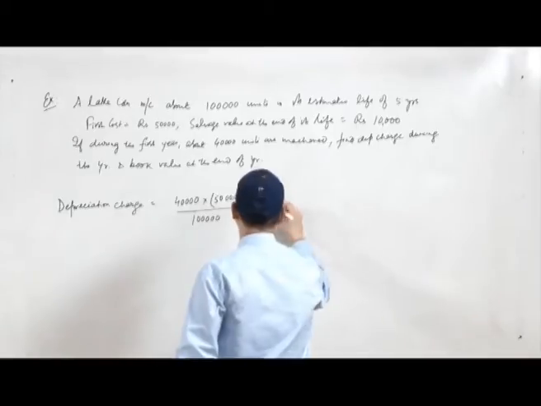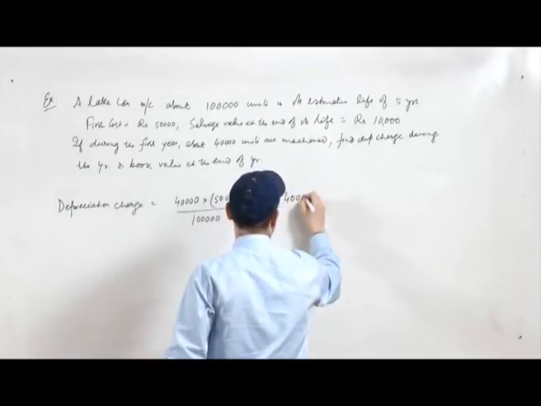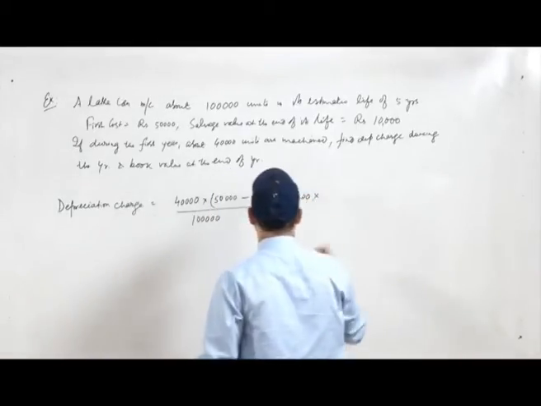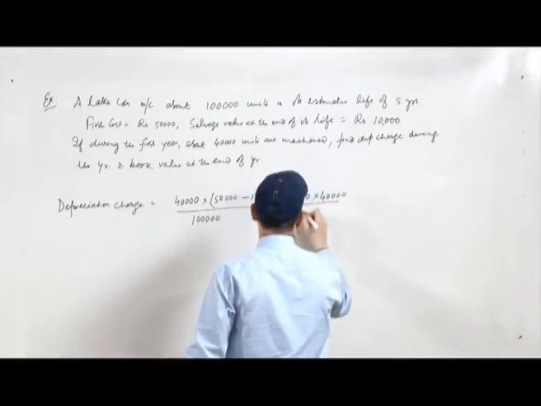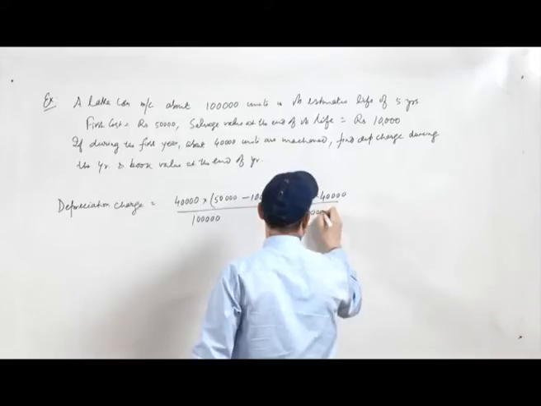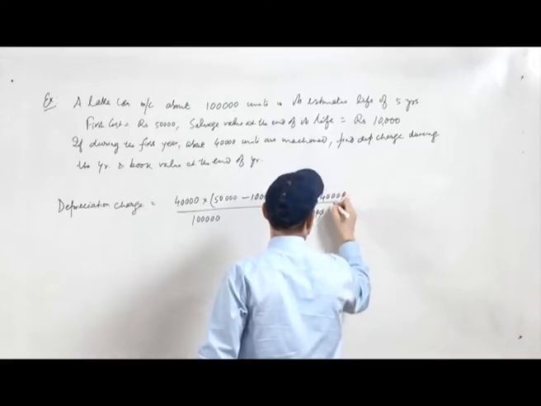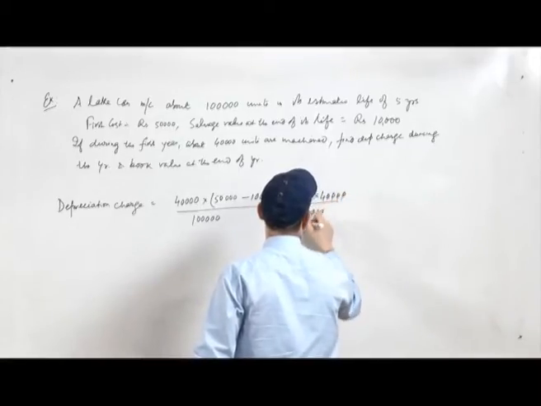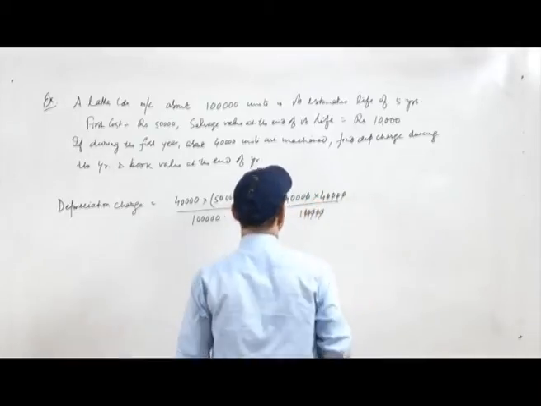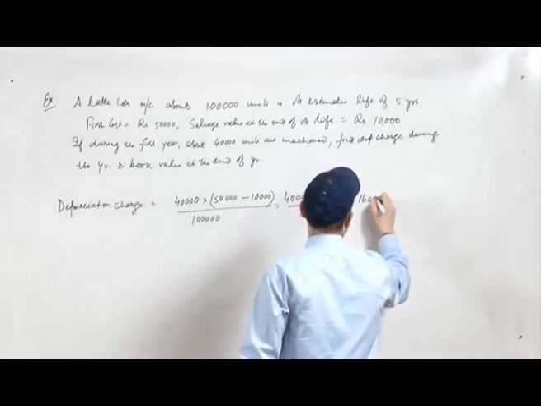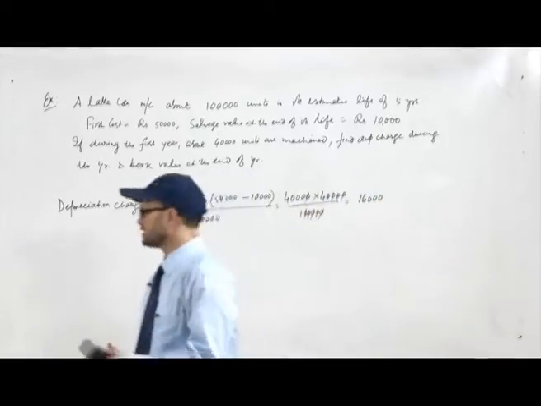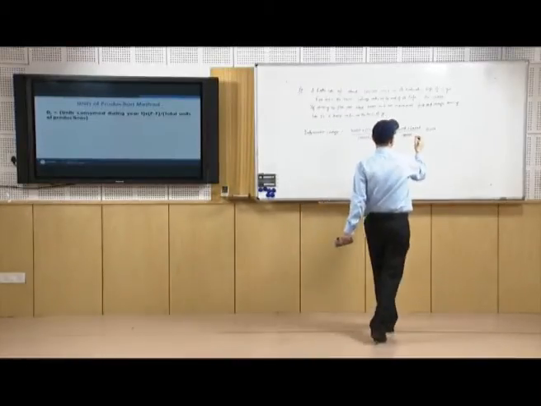So, it will be 40,000 multiplied by 40,000 divided by 1 lakh. So, it is 16,000.